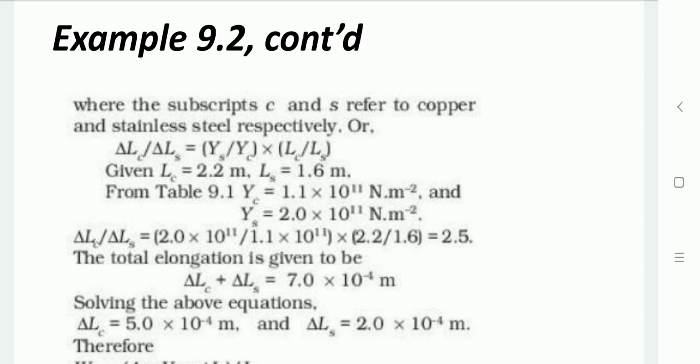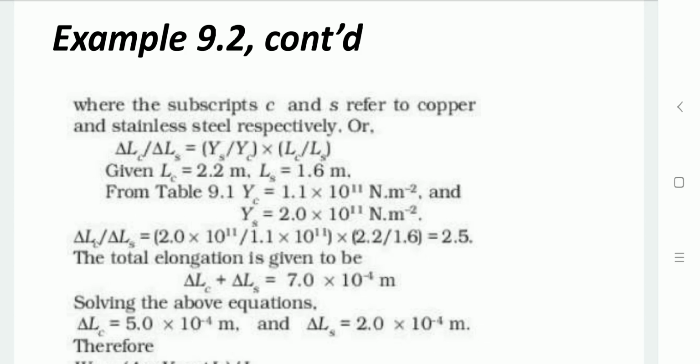For Young's modulus, we can refer to the table: Young's modulus of copper is 1.1 into 10 raised to 11 Newton per meter square, and Young's modulus of steel is 2 into 10 raised to 11 Newton per meter square. By substituting these values of Young's modulus and lengths of copper and steel, we get that the ratio is 2.5.